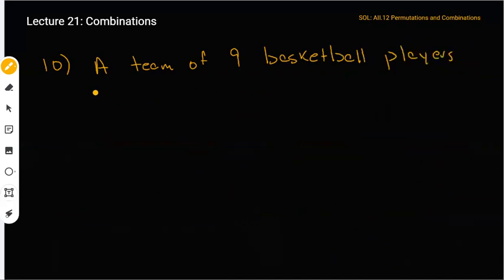All right, number 10 says a team of 9 basketball players needs to choose 2.